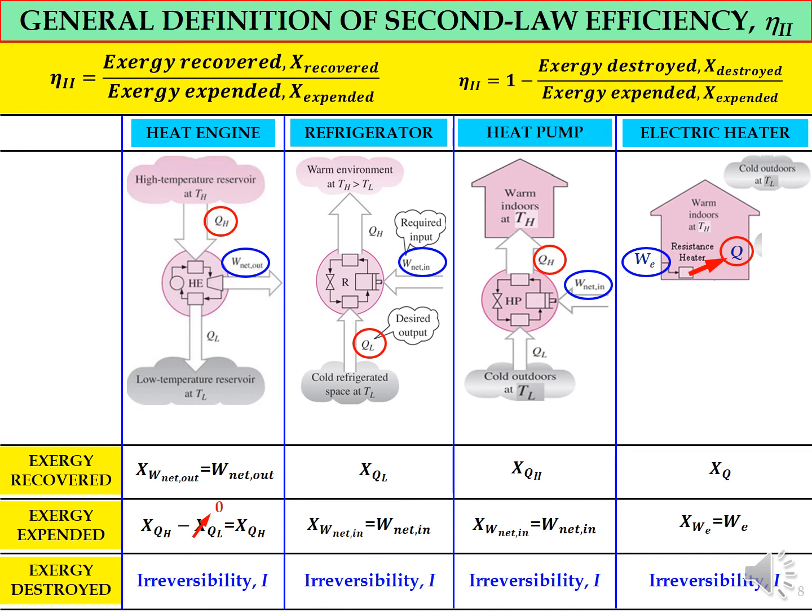But as you can see, between the refrigerator and heat pump, the exergy recovered is XQL for the refrigerator and XQH for the heat pump. So there is a slight difference here. And for the electric heater, the exergy expended is equal to the electric energy or electric work input, and the exergy recovered is the XQ, or heat in the indoor system. So this is the equation.